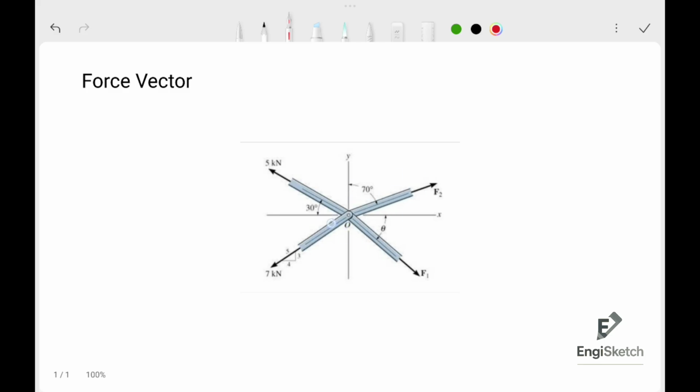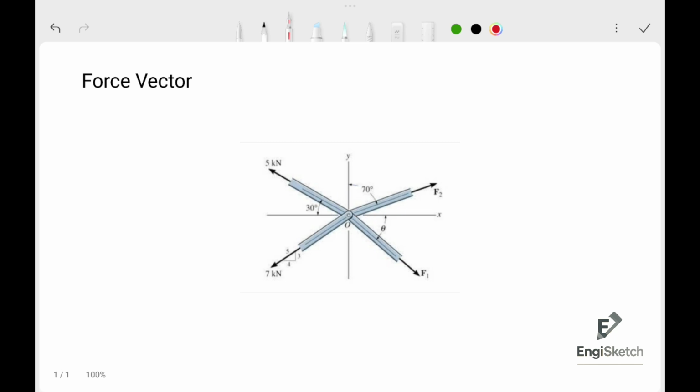Why it's important to learn force vectors is to know how to define the inclined forces on the x-axis and on the y-axis, because it's common in structures to have inclined forces, and it's common in beams and frames. You will face forces like this in examples in this course, inclined, not exactly on the x-axis or on the y-axis.